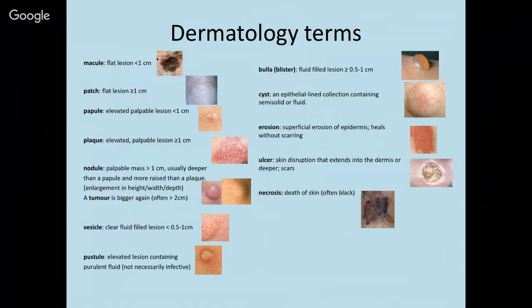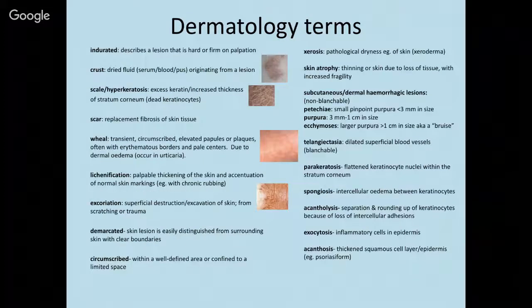So it can change a little bit, but generally use 1 centimetre as the mark. And this is a second list of more specific terms that are really useful, and some on the right are actual more histology terms, which I'm not going to go through because you can read it all there.